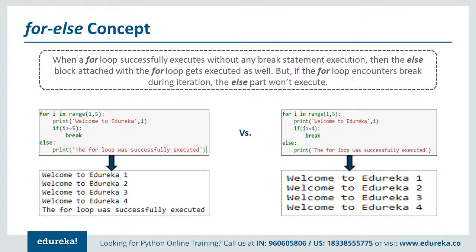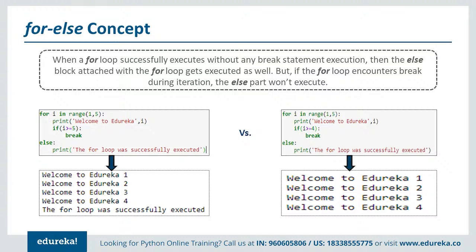Now you have a for loop here in which we are going for the range 1 to 5, which means that we will be getting the values from 1 to 4, like the previous example. In this case we are saying that if the value of I is greater than or equal to 5, then it should perform a break. And we know that if any break statement is executed inside the for loop, then the else part will not execute.